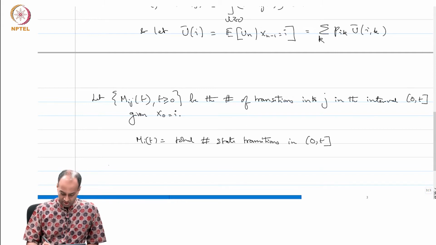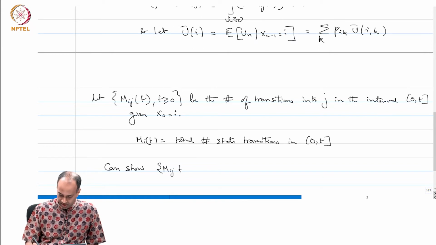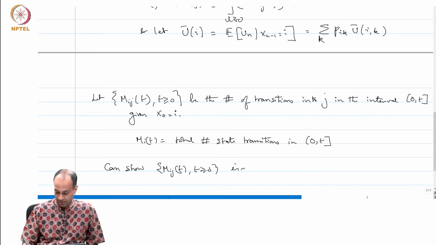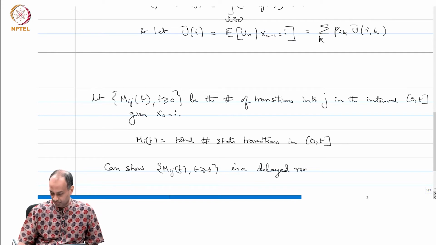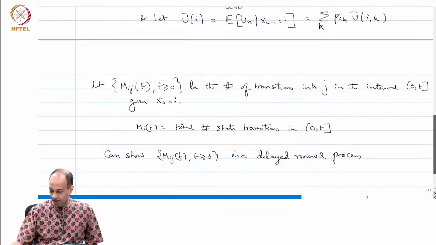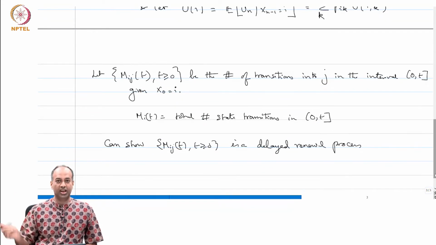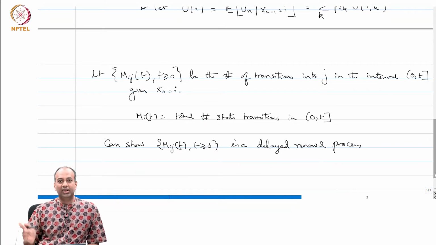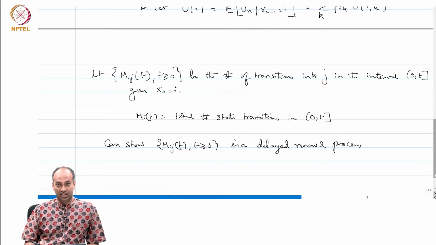What we can show is that M ij of t is a delayed renewal process. You are going from i to j first and then from j to j again and again, so successive entries into state j will be IID, independent and identically distributed.